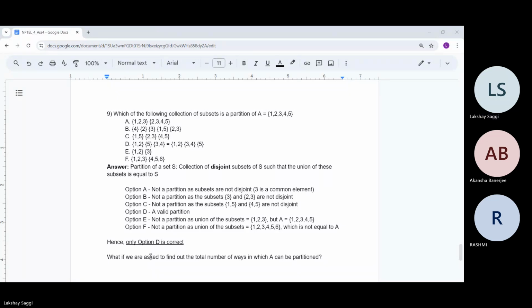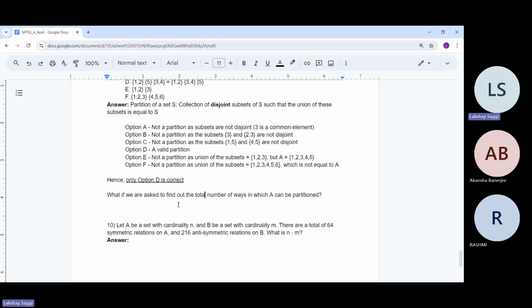Okay, let's just solve this here only. I myself don't know, Rashmi, if 32 is the correct answer because I just gave this question on the fly.